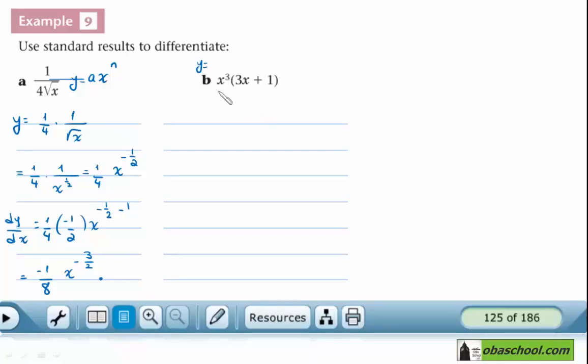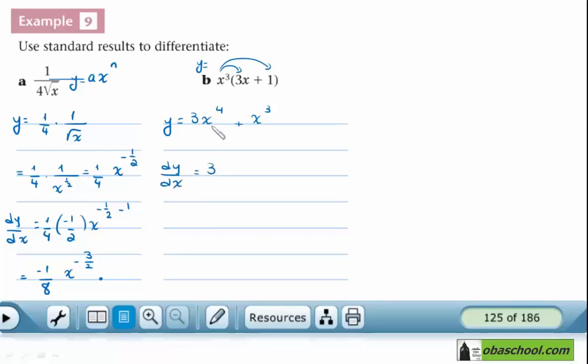We did not study how to differentiate this multiplication, so let's expand this form and see how it will look. Then y equals x to the power 3 multiplied by 3x, which is 3x to the power 4. x to the power 3 multiplied by 1 is x to the power 3. Now we have two terms that can be easily differentiated.